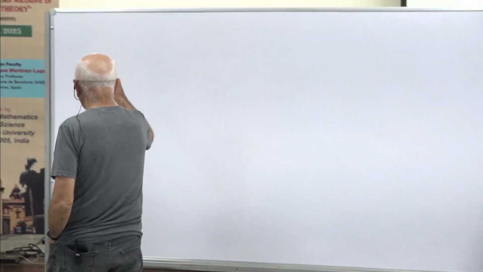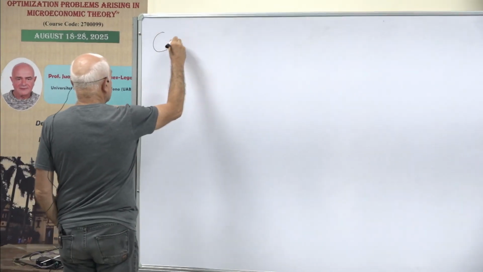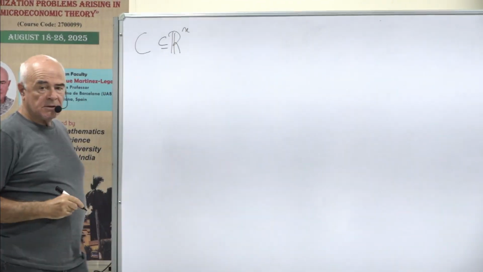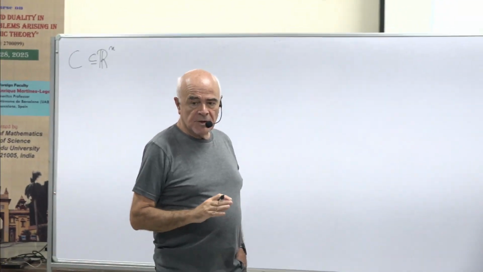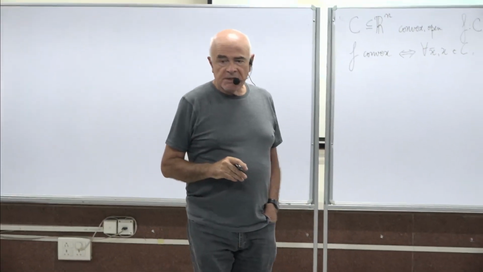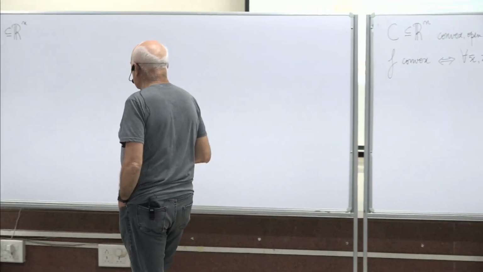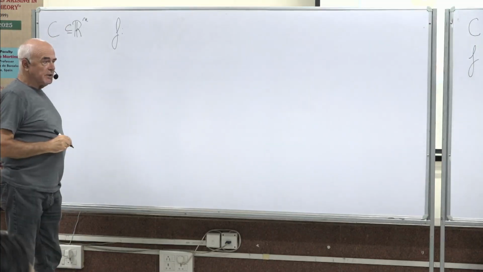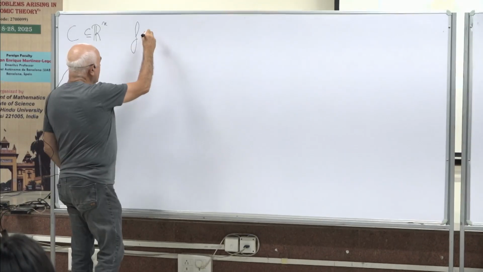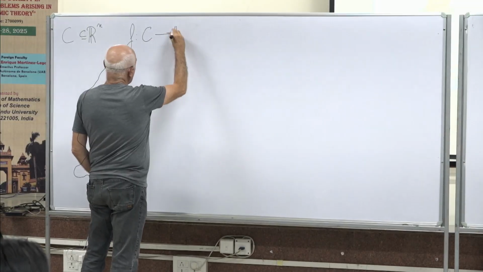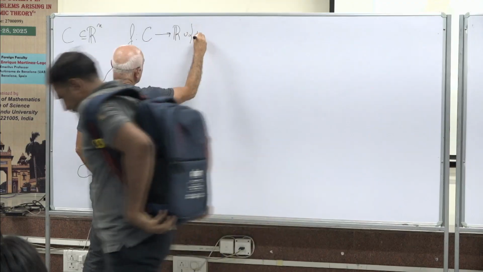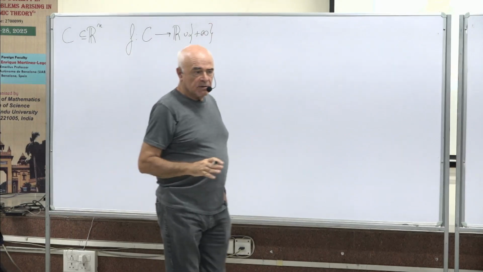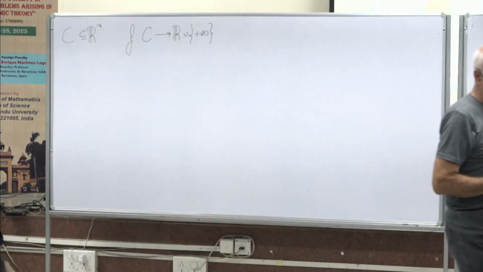So suppose we have a function, defined on a subset C of Rn. I'm not assuming anything for the time being on C. It's any subset, non-empty if you want. Then we have an extended real valued function on C. I'm assuming nothing about this function for the moment.